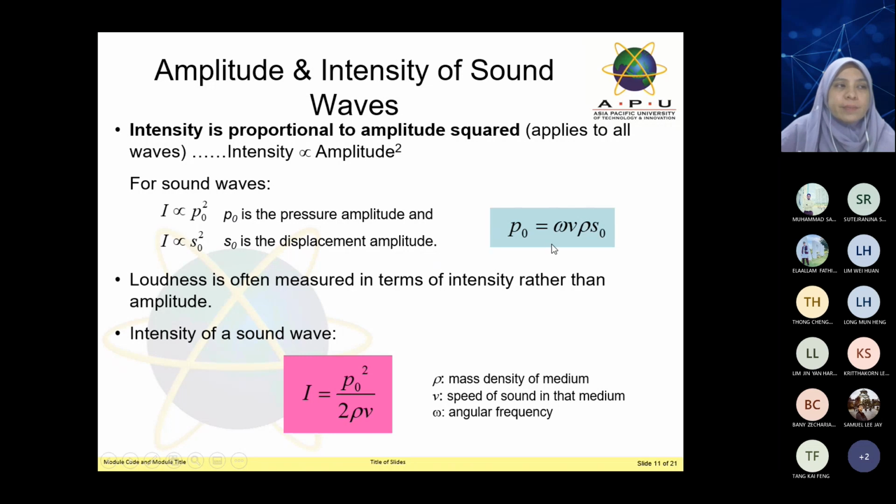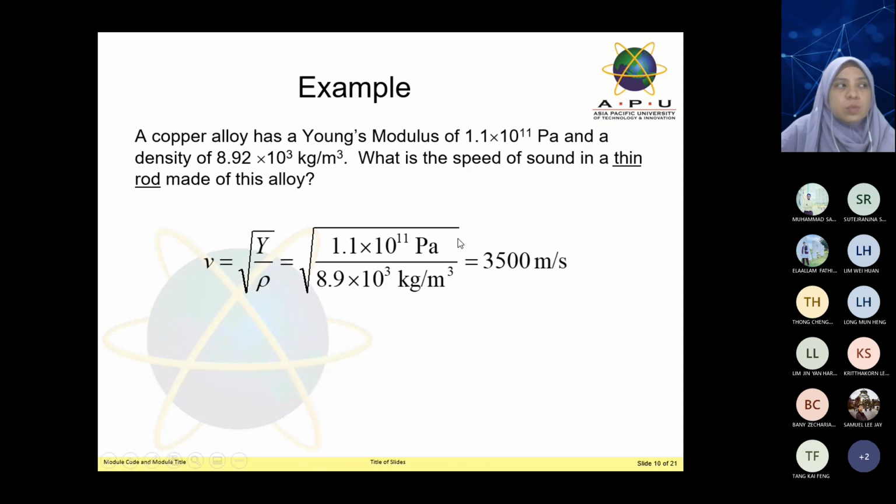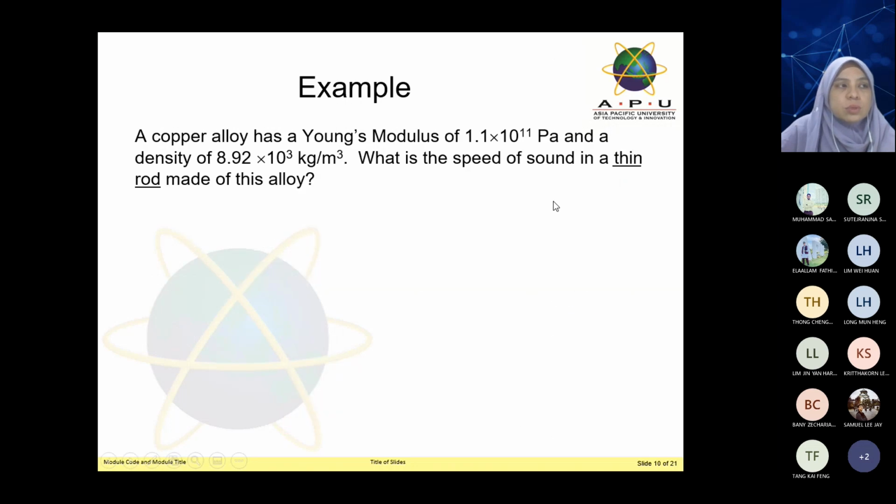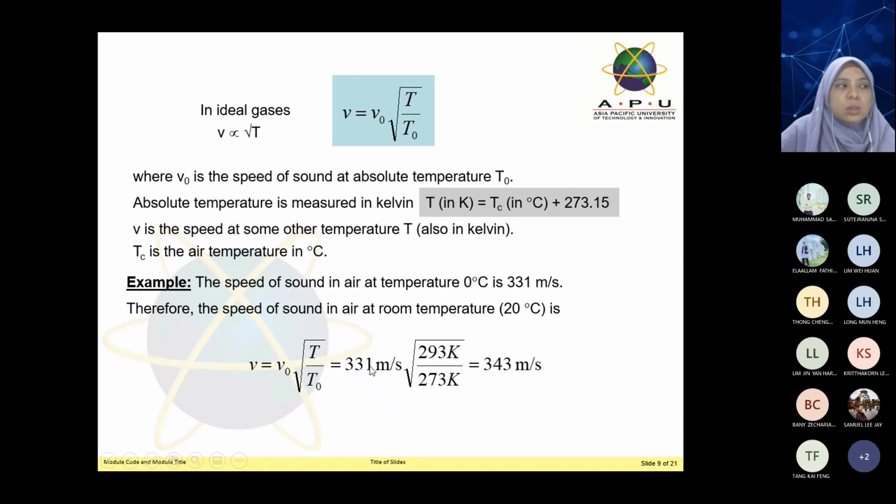When to use this? When they ask you, for example, to calculate the displacement amplitude, but you don't have the T. Okay, for example, this one. Not this one, this one. This one you can calculate the velocity or the speed of sound if they give you the temperature. Here don't have the density also.